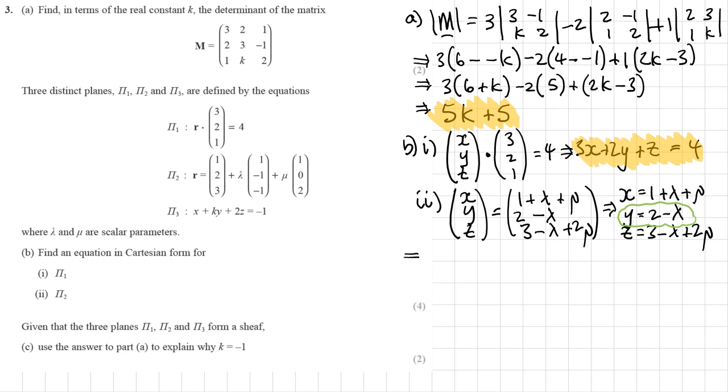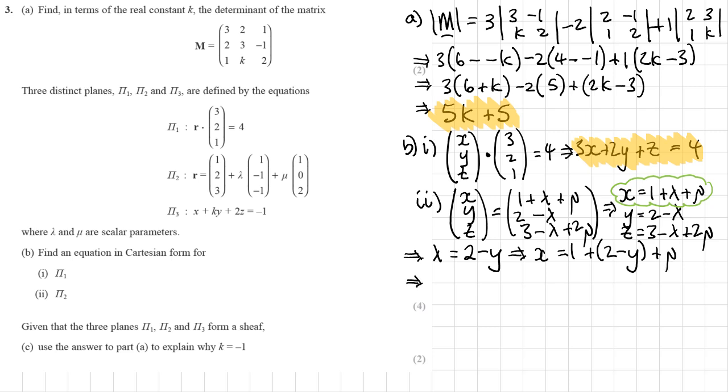So taking that, I will get lambda is equal to 2 minus y. Now what I'm going to do is to substitute that into this equation here for x, and that will get rid of lambda and replace it with 2 minus y. So what I'll get is x is equal to 1 plus 2 minus y plus mu.